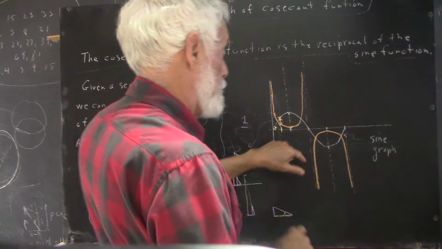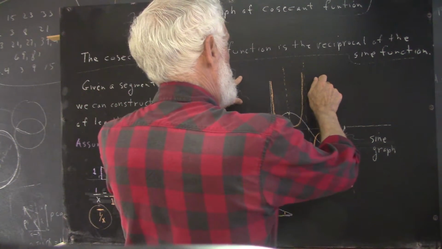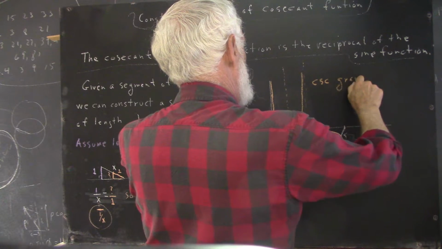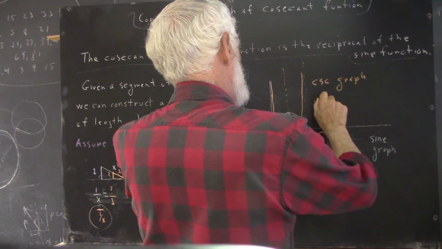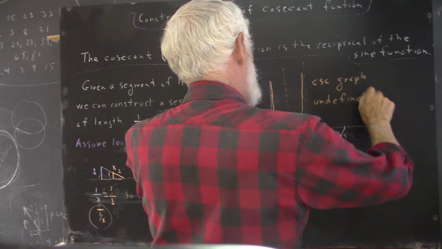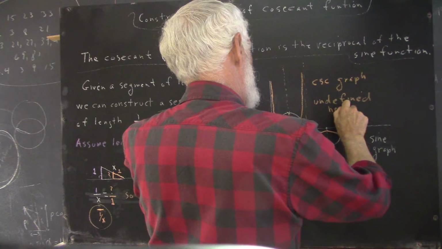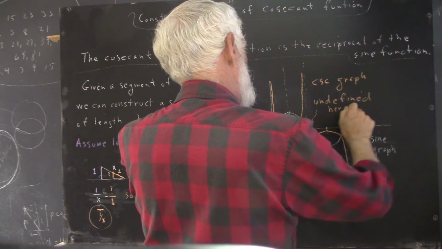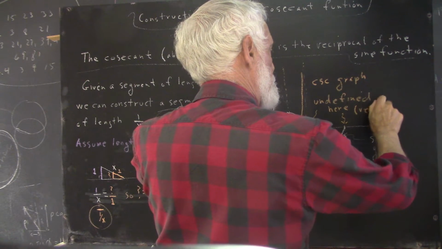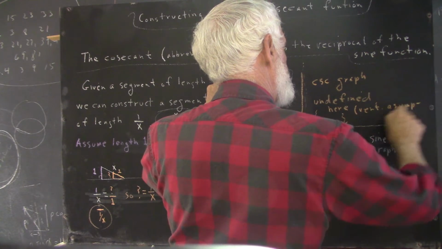Now, the function is undefined. So here we have, well, let's see, okay, the cosecant graph in orange. And the cosecant graph is undefined at these points where we have vertical asymptotes.